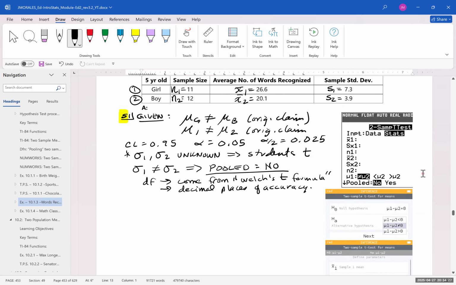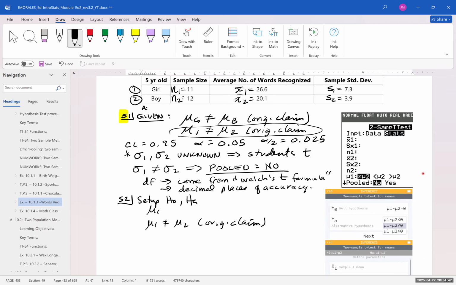All right, let's do that. So let's set up the null and the alternate hypothesis. So this is going to be our original claim. And the flip side of this is just going to be equal.